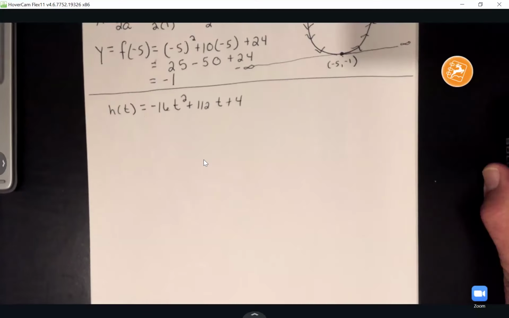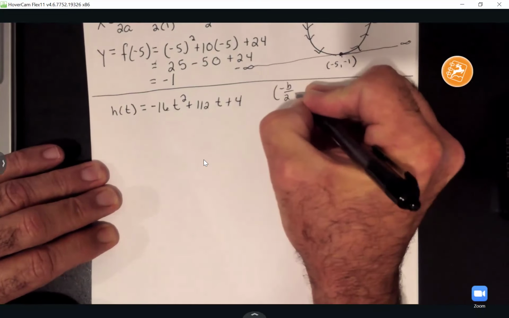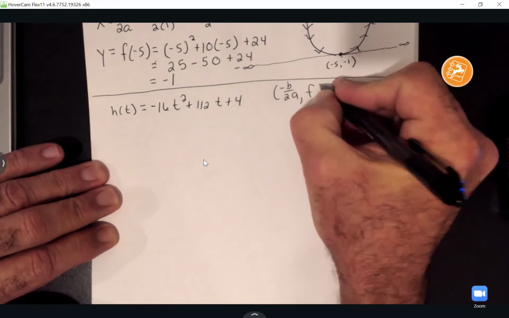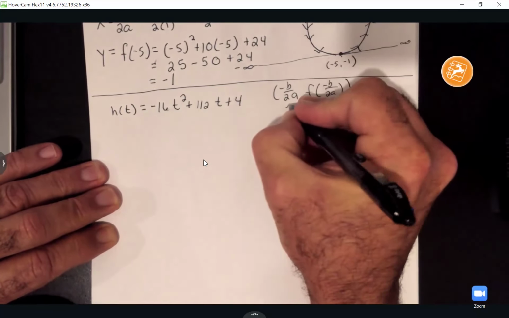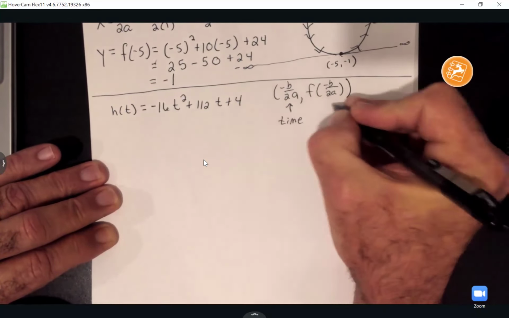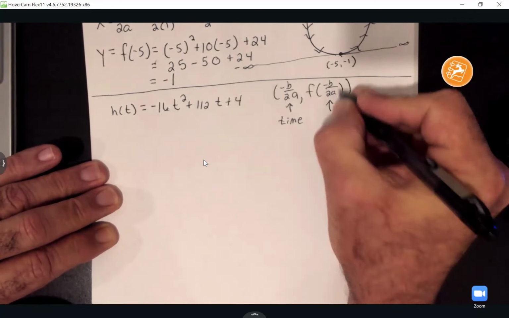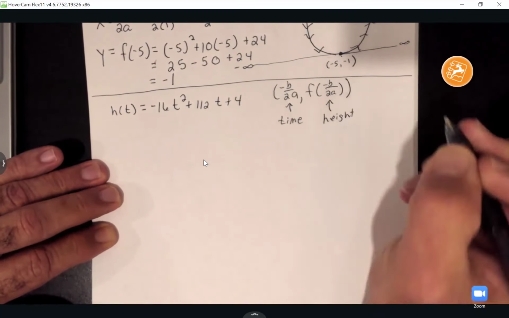So y'all, what that means on this one, I'm doing the vertex stuff, -b over 2a, and then f of -b over 2a. The x value will give me the time it takes. The f of -b over 2a is going to give me the height it reaches.